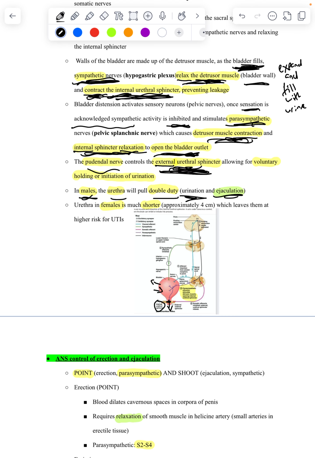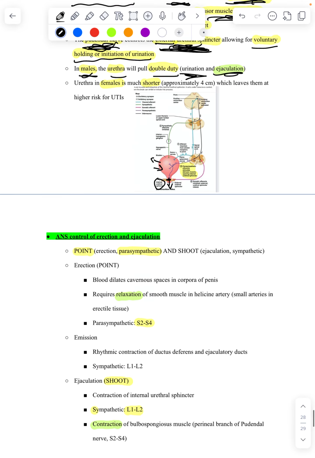So that allows for voluntary holding or initiation of urination. You can control when you urinate and try to hold it in, and that has to do with the pudendal nerve. If this nerve was damaged, then you would just be urinating without having that control.